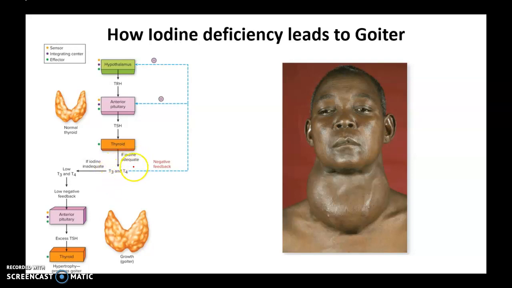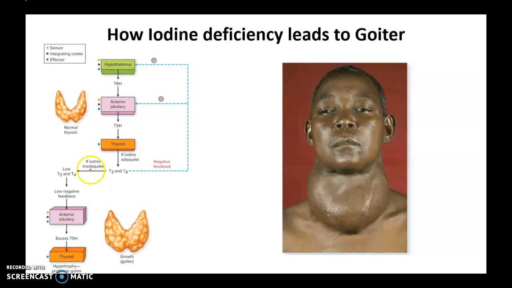You produce T3 and T4, and when you have enough thyroid hormones T3 and T4 in your blood, that sends a negative feedback to the anterior pituitary and the hypothalamus and tells them everything is fine, no need to make more TRH or TSH. So we do see a good negative feedback inhibition loop here.